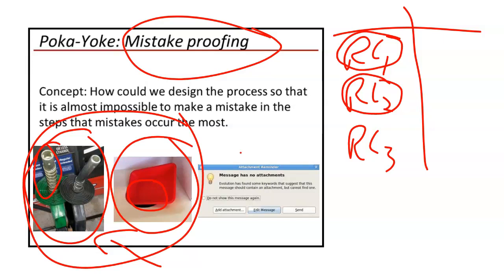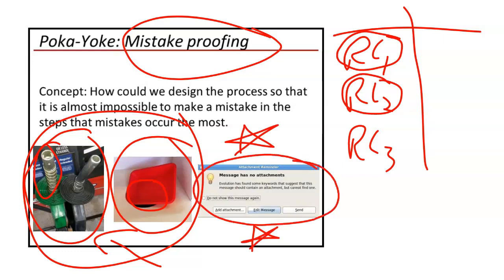But I think your biggest gains with mistake proofing are often in IT systems. For years, I would send messages without the attachment, not because I was trying to confuse the system, but because I would forget about it. I would say, take a look at this attachment, and I'd forget to include the attachment. And now my email system, when I do that, pops up a little reminder saying, hey, dummy, there is no attachment here.